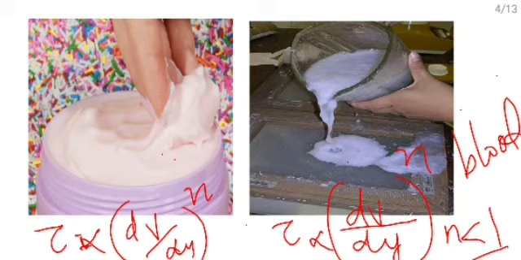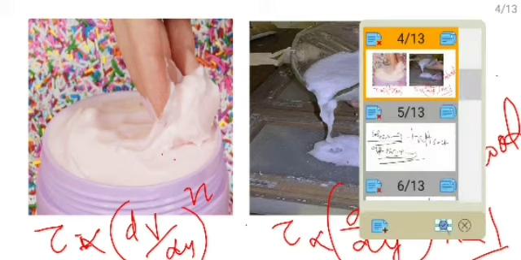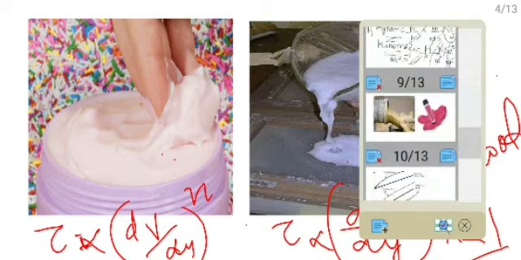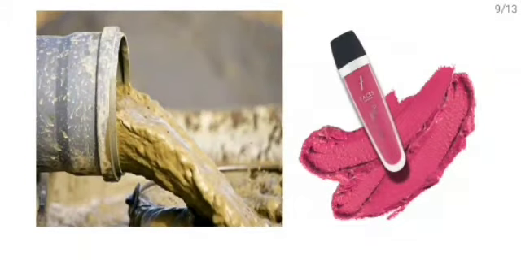And other types are also there. I will show you. The first figure shows here drilling mud. See what happens there. It already has some shear stress on its own.